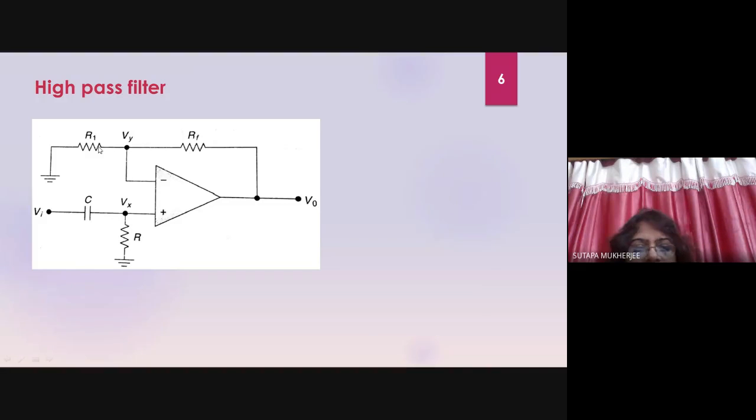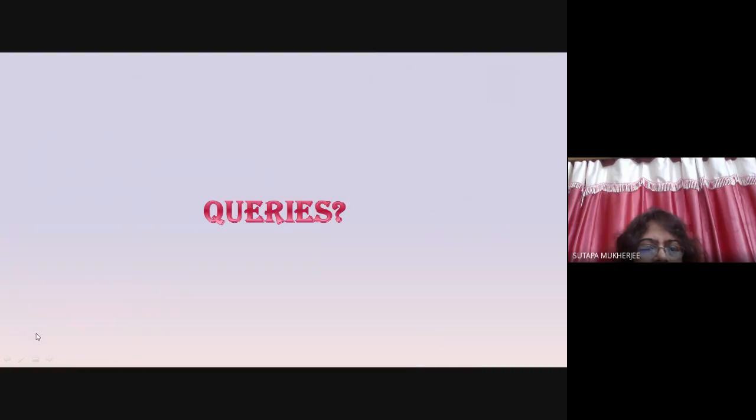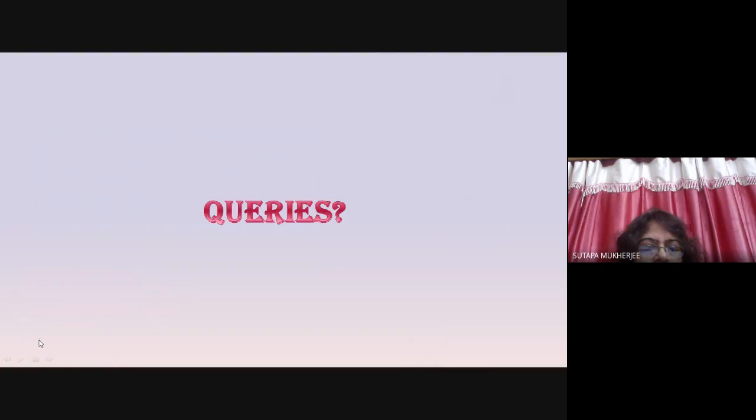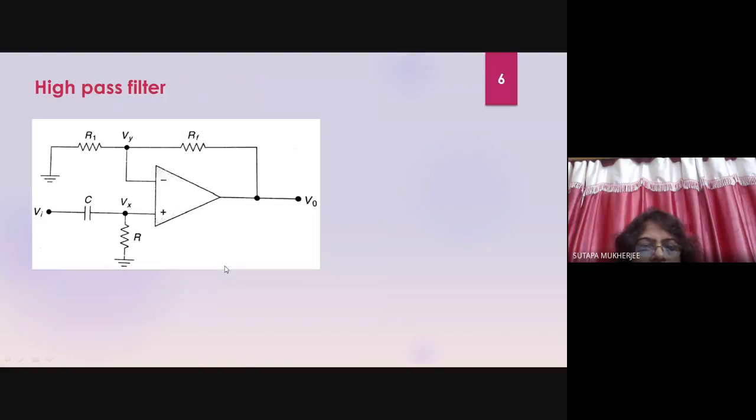Everybody will do it. Say this is port 1, then what equation do you get from KCL?